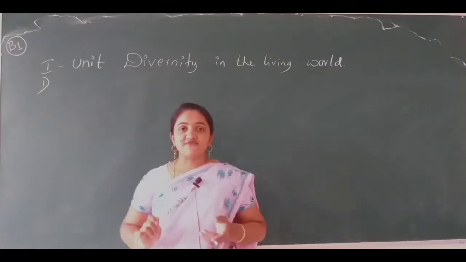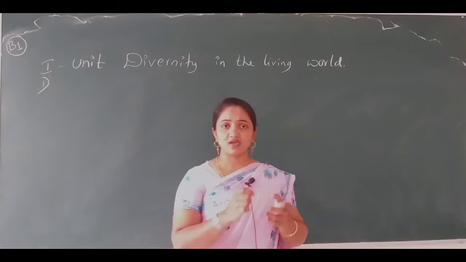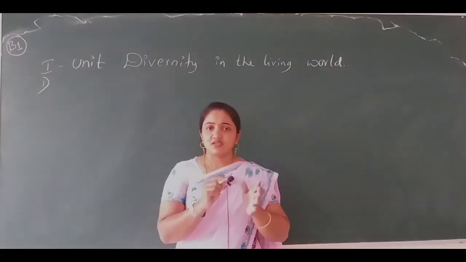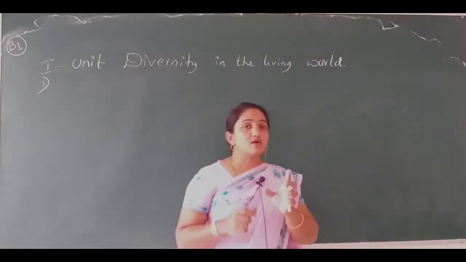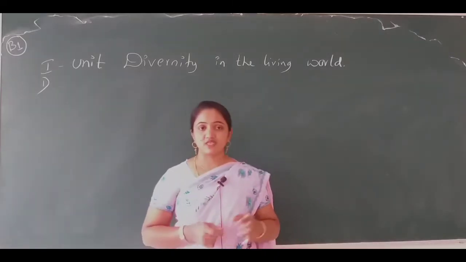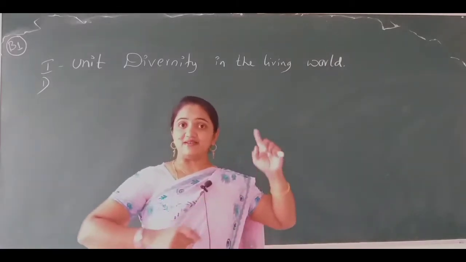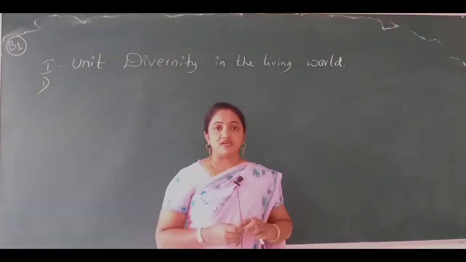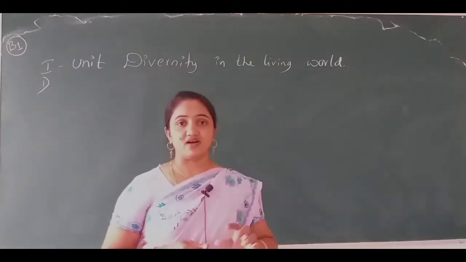So what kind of diversity are we going to learn here in this unit? The answer is simple: living organisms. Not only the visible organisms, but right from the microorganisms and the ancient organisms. Ancient organisms are nothing but archaebacteria, E. coli.